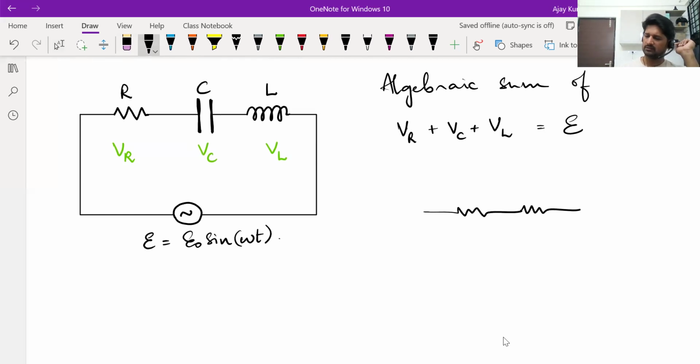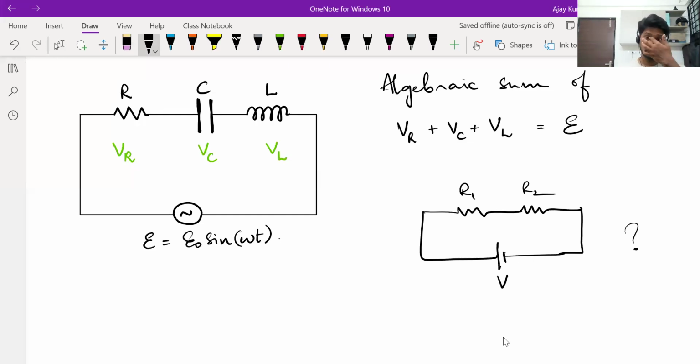Consider a simple circuit like this. Two resistors R1, R2 connected to a DC voltage. Constant voltage. What can you tell about this circuit?